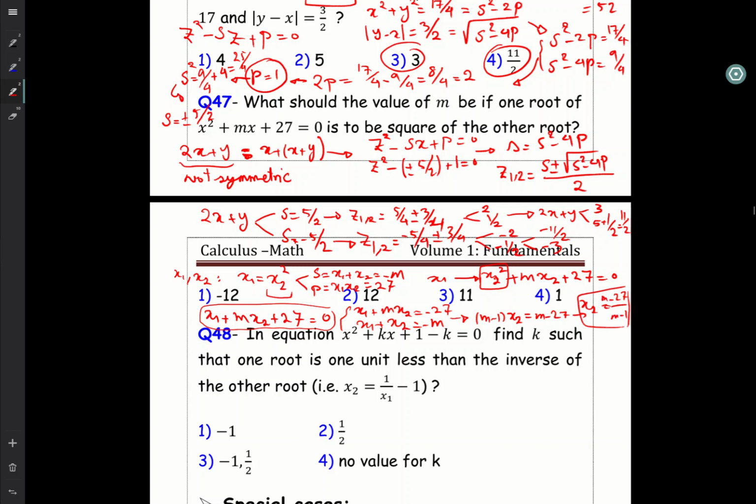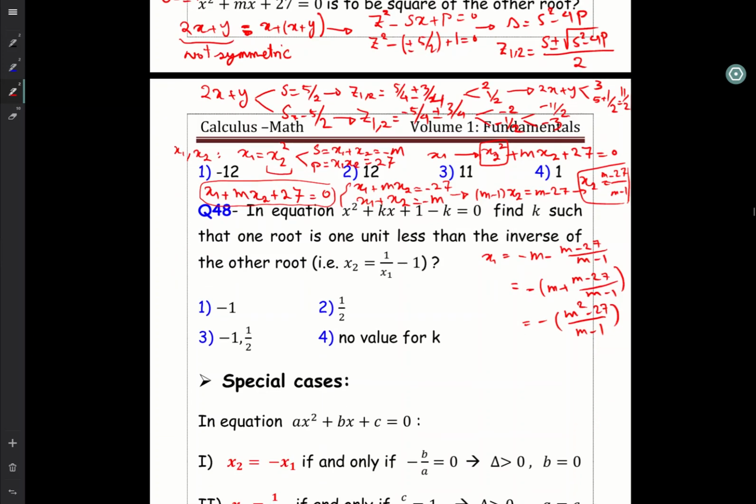And then what is x1? x1 is minus m minus x2, which is minus m plus (m minus 27) divided by (m minus 1), which is minus (m squared minus 27) divided by (m minus 1), okay?